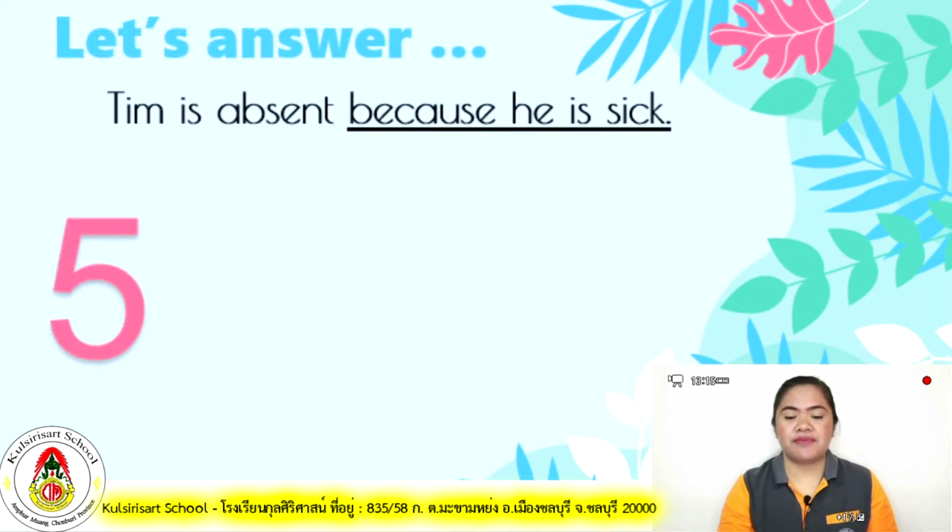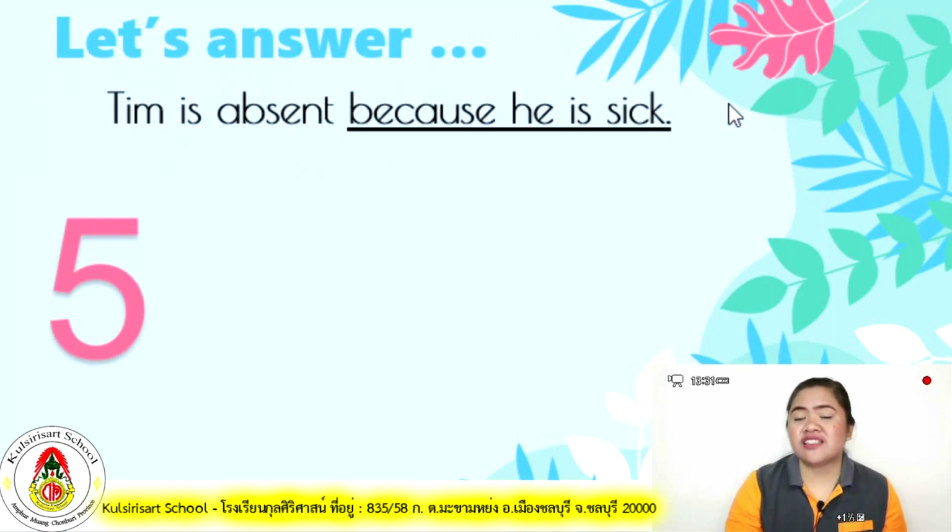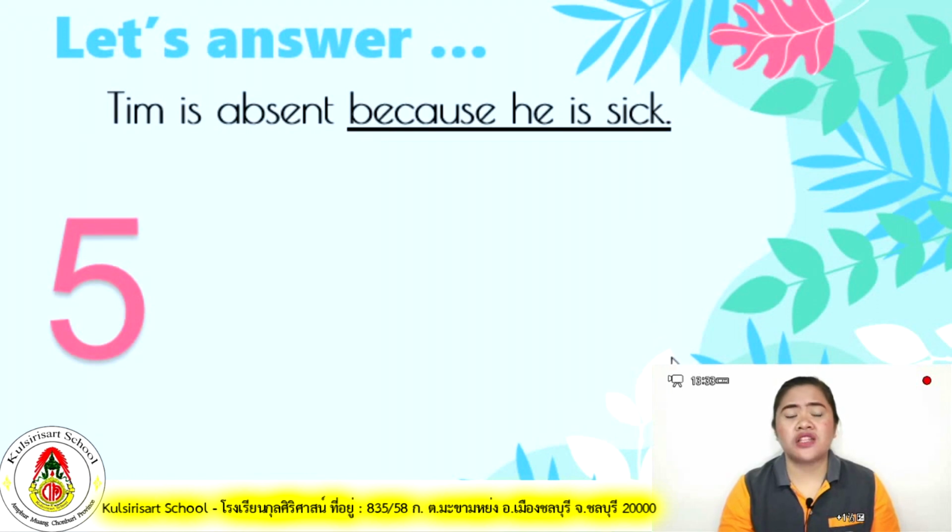Tim is absent because he is sick. Now, the answer for the question should be because he is sick. And when we talk about because he is sick, it is about reason or cause. Now, what WH question are you going to use when it is reason or cause?